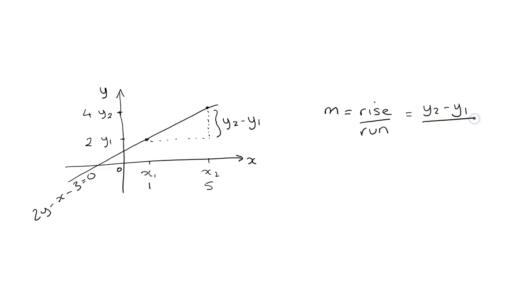Our rise over our run is this length here, x2 minus x1. So in this case, if we substitute in our numbers, y2 is 4 minus 2, x2 minus x1 is 5 minus 1, we get 2 over 4, so we get a gradient equal to a half. That is our derivative.